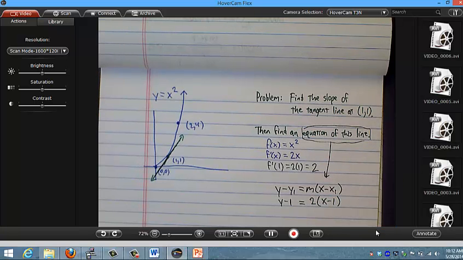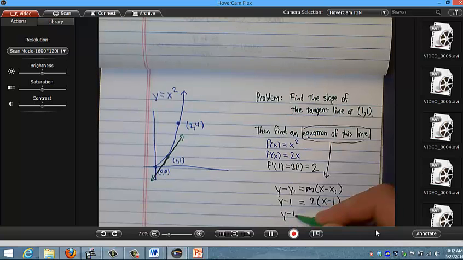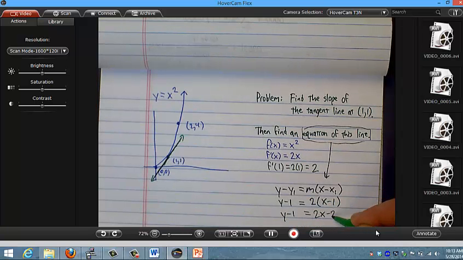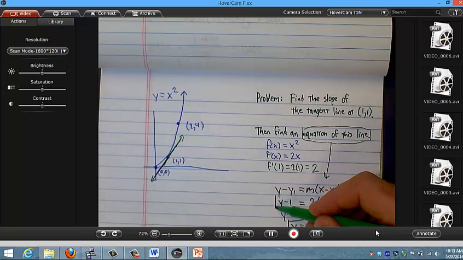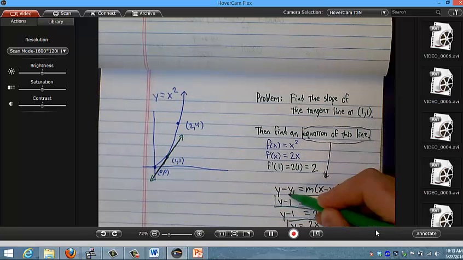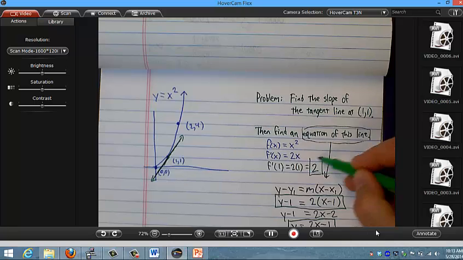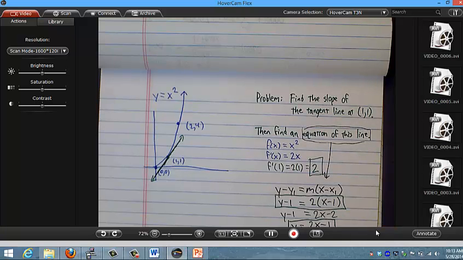And if you wrote that, yeah, that's correct. Some people went further and put it into slope-intercept form. y minus 1 is 2x minus 2. So y equals 2x, I guess it would be minus 1. Some people like that better. But either way is fine. Okay, so there's my answers. So that's the tangent line.